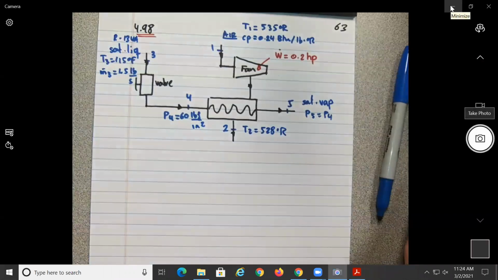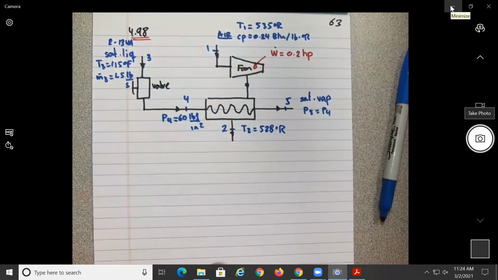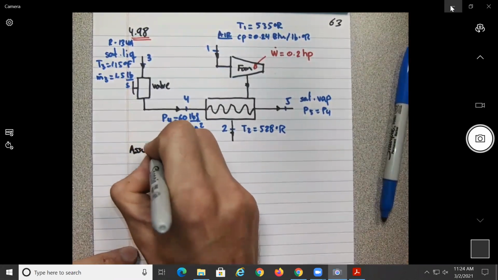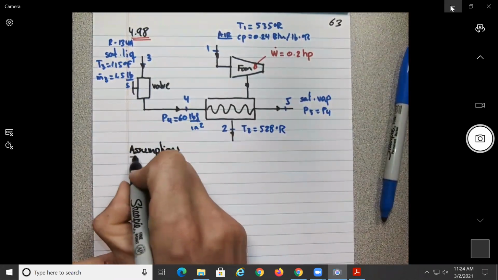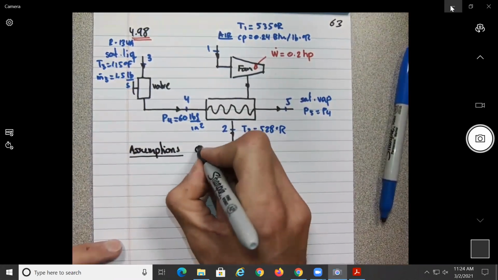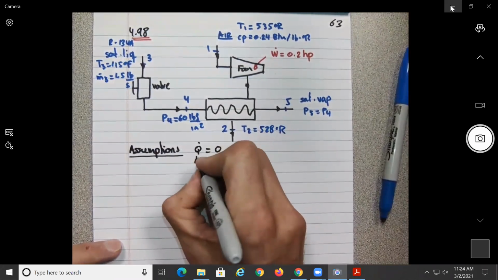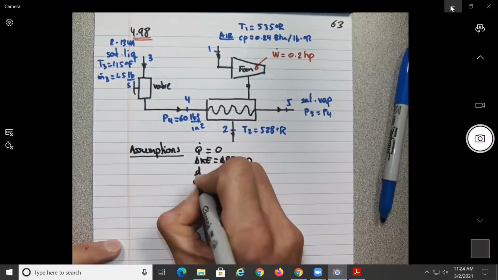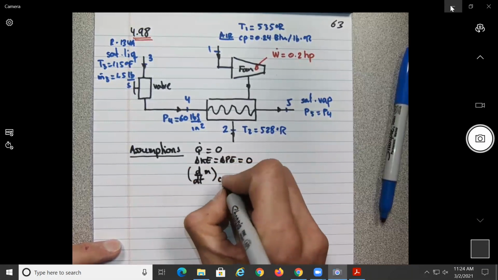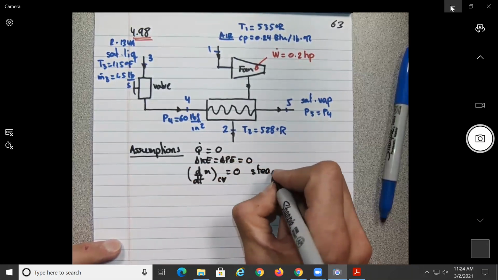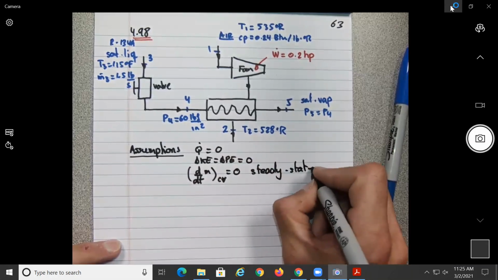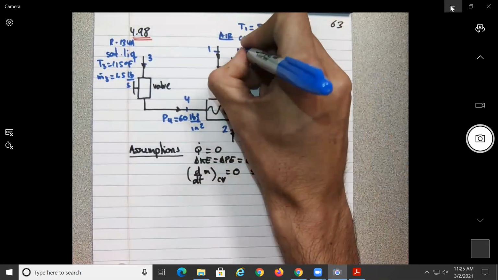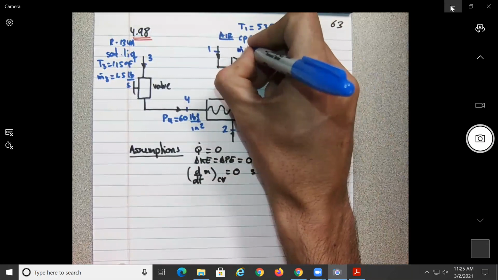So basically what they're telling you in the problem is that none of the components is losing heat, that we can neglect kinetic and potential energy, that it is steady state, so meaning this term over here is 0 because it's steady state. And what we need to find is the mass flow of air. So, air.